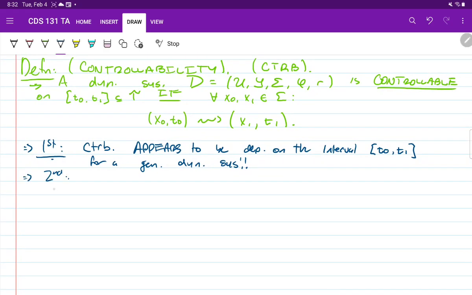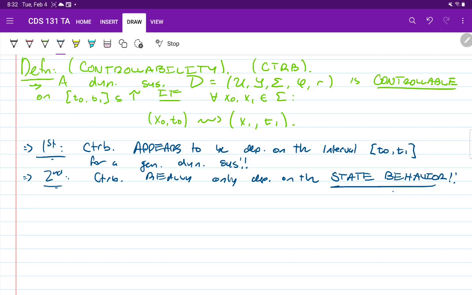Well, second, controllability really only depends on the state behavior. Okay? So controllability is almost entirely a property of state, right? So it's determined by how my state transition map interacts with these initial and final states and interacts with input signals, okay? So there's no presence of outputs. All right? This is going to be kind of important for us.